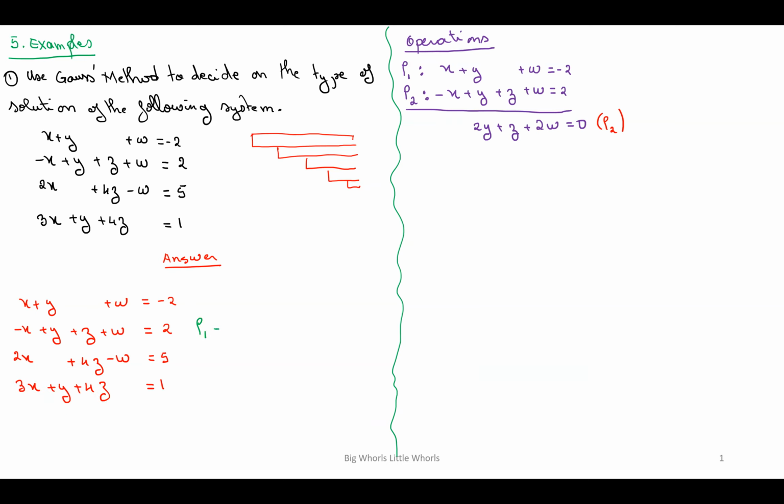So let me come back to here and I'm going to write what we have done here. Row 1 plus row 2: we recopy the row 1, x plus y plus w equals minus 2. But instead of row 2, I'm going to write my new row 2, which is 2y plus z plus 2w equals 0.